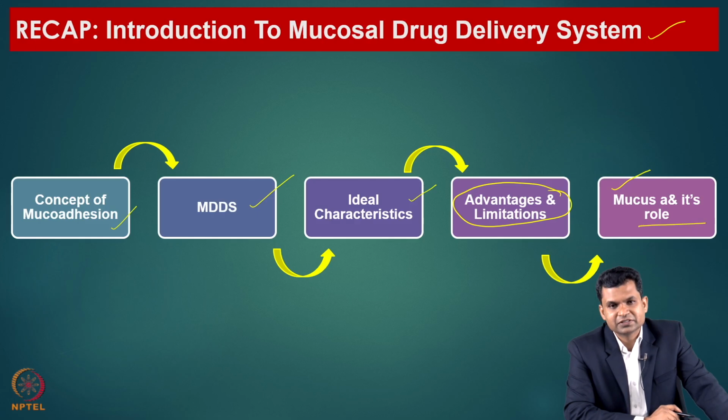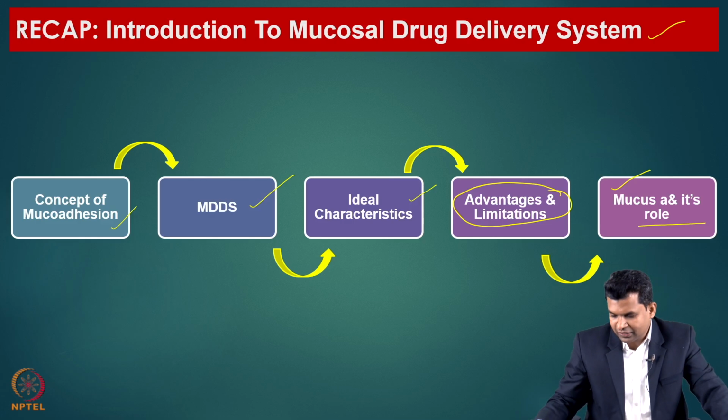Also we have discussed the role of mucociliary clearance in various drug delivery systems, and then we discussed one case study, where researchers developed Montelukast mucoadhesive films, used for the treatment of asthma and other applications.